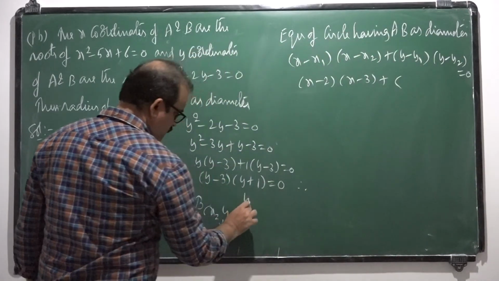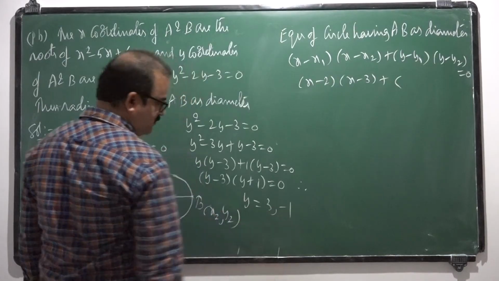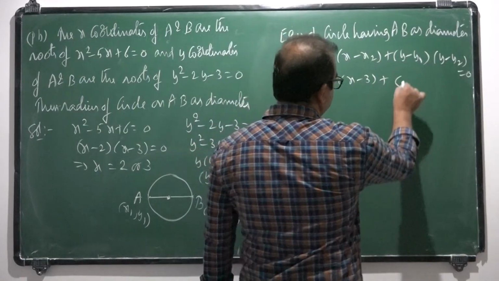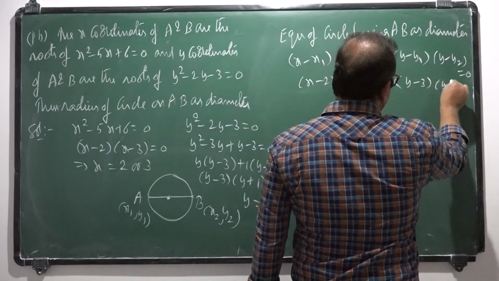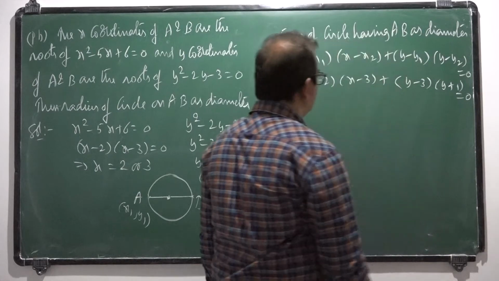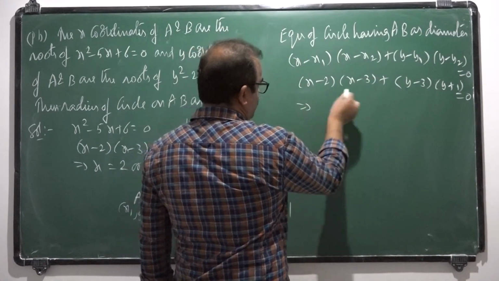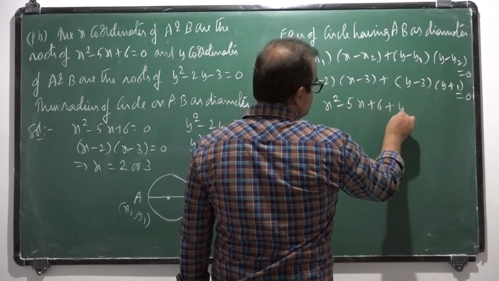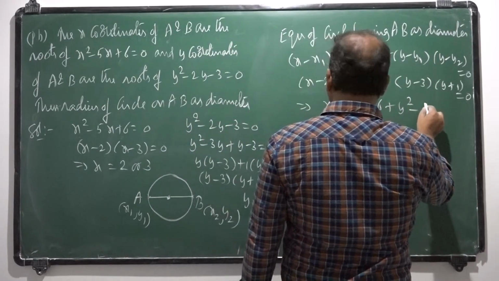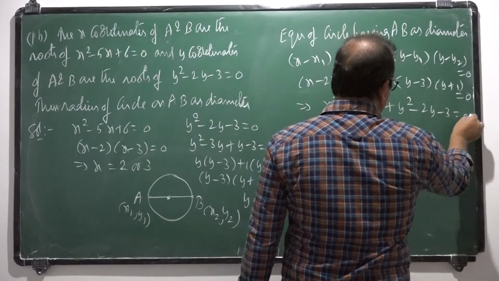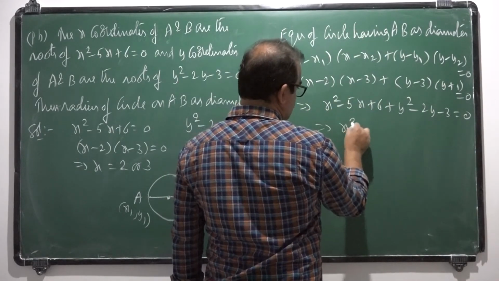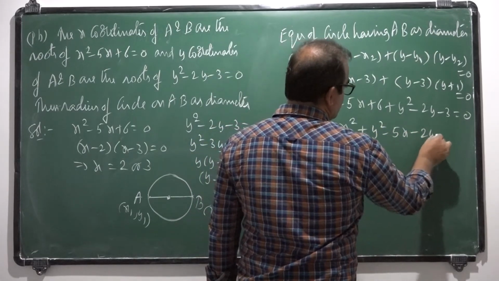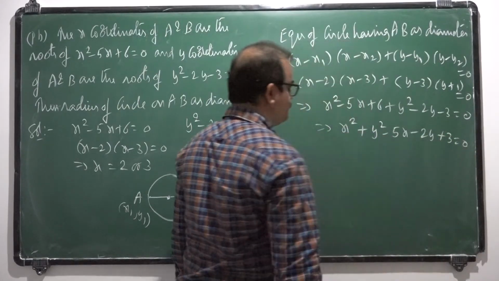From this, y is equal to 3 and y is equal to minus 1. So (y minus 3) into (y plus 1) is equal to 0. Now multiply: x square minus 5x plus 6 plus y square minus 2y minus 3 is equal to 0. It is x square plus y square minus 5x minus 2y plus 3 is equal to 0.